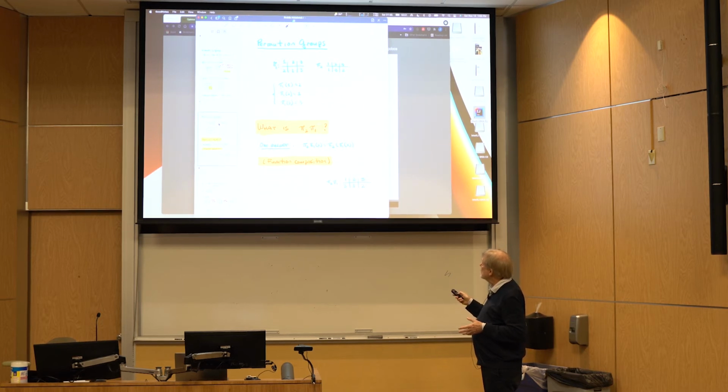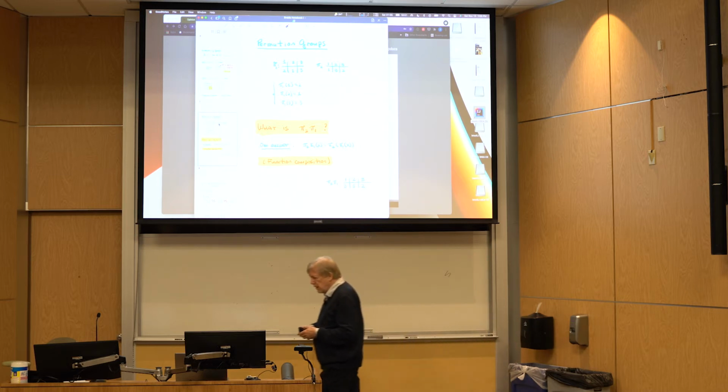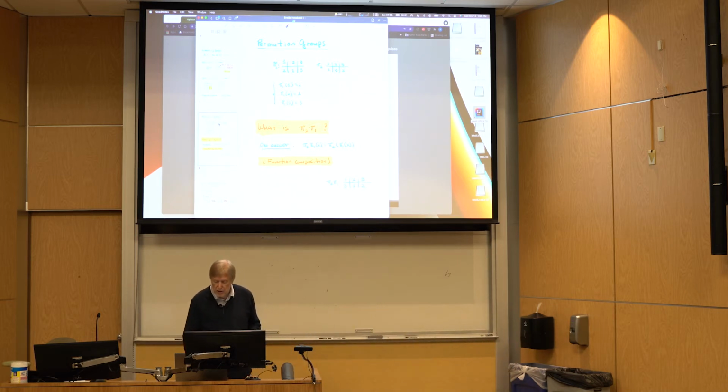And if you do that, you can easily write down the multiplication table for pi 2, pi 1. We'll just do one computation. What is pi 2 of pi 1 of 1? Well, pi 1 of 1 is 2, and pi 2 of 2 is 3. So 1 goes to 3 under this permutation. Okay, so another very simple group. It's a 3-element group.